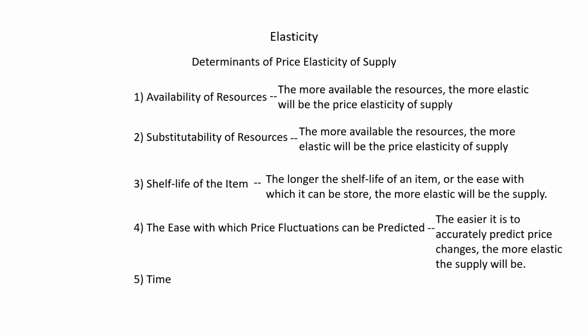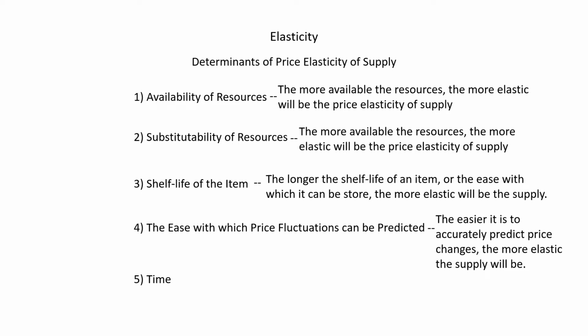And finally, as with the price elasticity of demand, time also has an impact on the elasticity of supply. Like demand, every supply relationship has a time frame. The supply is the relationship between the price of an item and the resulting quantity supplied over a period of 1 week, a period of 1 year, or some other time period.